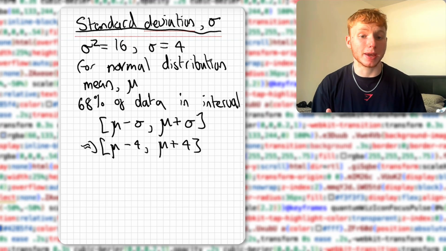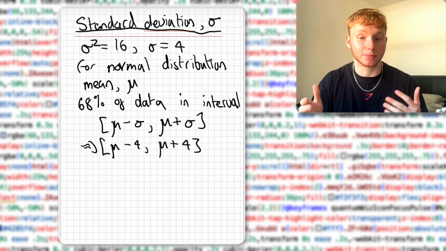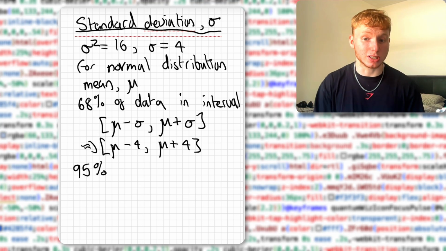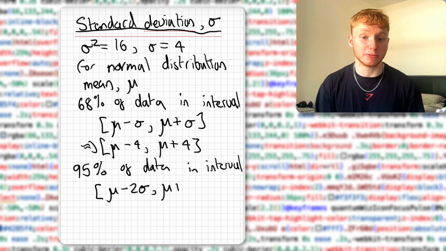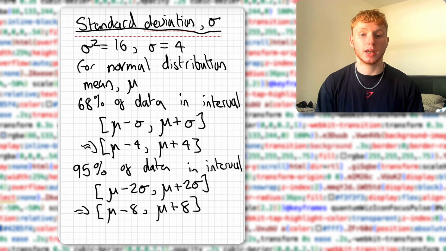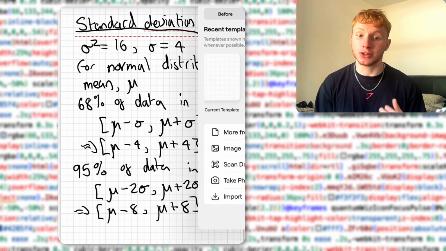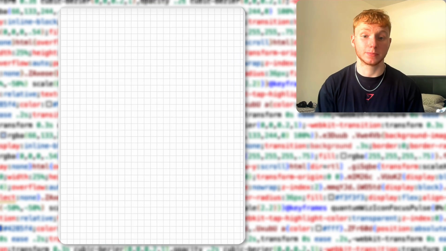I don't know where they picked 68% from, but I suppose that's what they chose. Similarly, two standard deviations, plus or minus 8 in this example from the average, is 95% of the data, and it just keeps on going from there. This is, for this reason, used a lot more in advanced statistics to identify outliers.